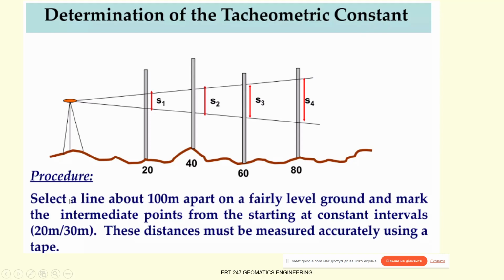We should select a line about 100 meters long on fairly level ground and mark intermediate points starting at constant intervals, for example 20 meters: 20, 40, 60, 80, etc. These distances must be measured accurately using a tape with much more precision.